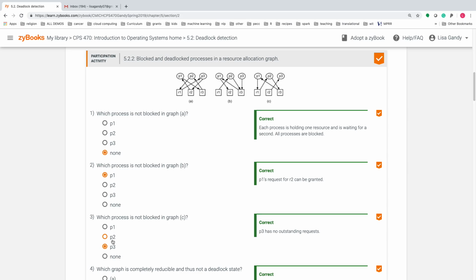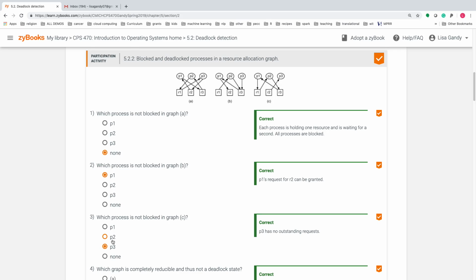Okay, so we're getting rid of P1, and so R1 isn't going to have anything incoming. Oh wait, that doesn't matter. Oh, P3 isn't, sorry. Right. So P2 is allocated here, and then P2 is requesting R3 still, which is fine.